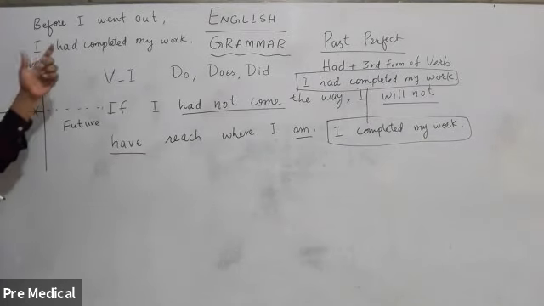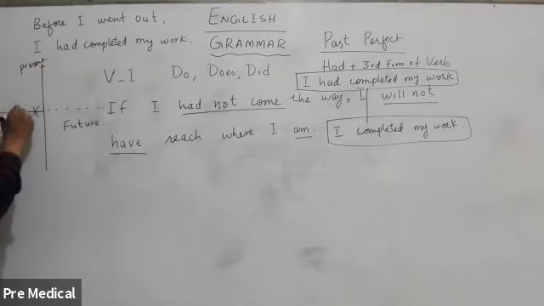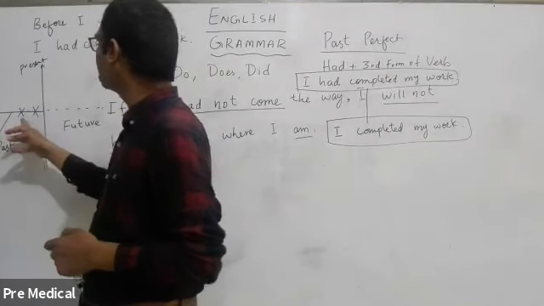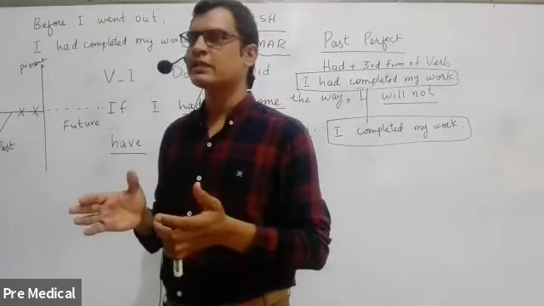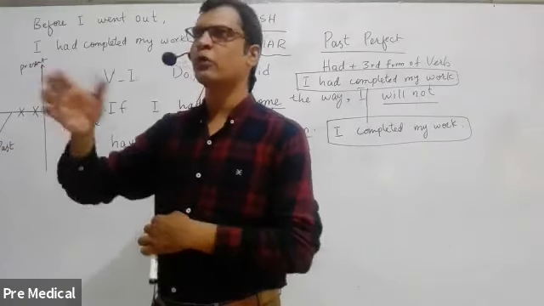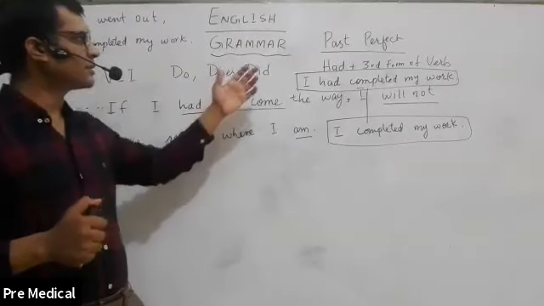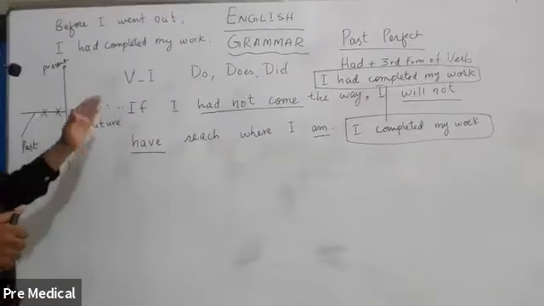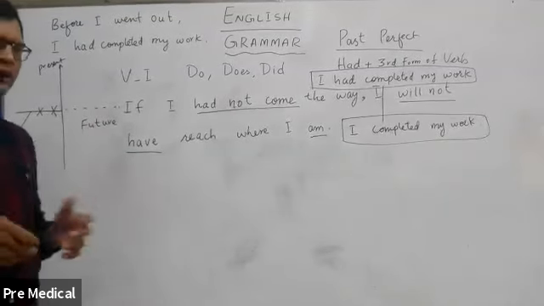For example, I went out, but before this, there is another action. So there are two actions: went out and had completed my work. In comparison, we can understand that one action happened before another action. So past perfect, like I said, is had plus third form of verb, and it is normally there in comparison with some other tense, especially the past tense.